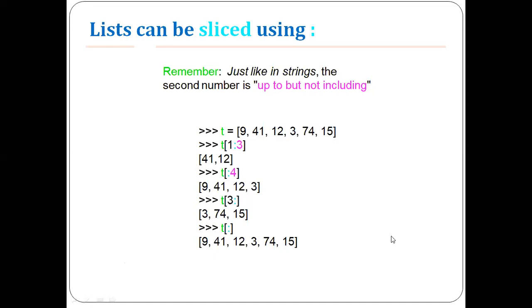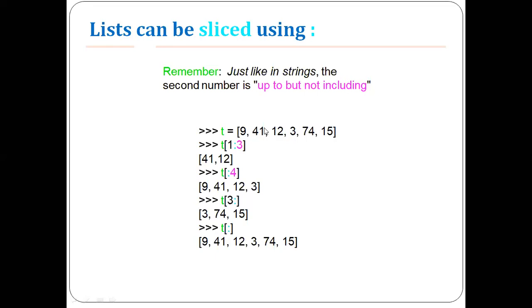M is exclusive, whereas n is inclusive. Just like in strings, the second number is up to but not including, that is the second number is not inclusive, in other words.